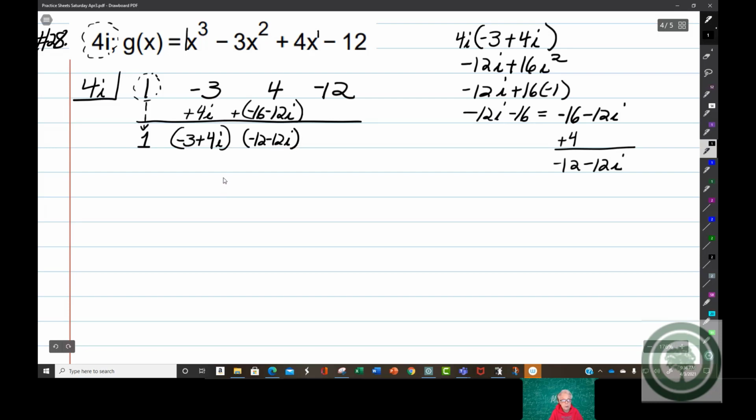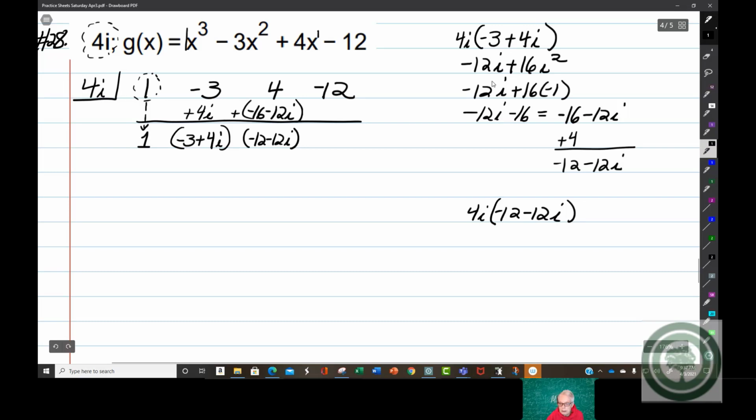Now, I don't see any way, quite honestly, that we can get a zero remainder, but let us continue on. All right, I'm going to take negative 12 minus 12i and multiply it by 4i. So I'll have 4i times negative 12 minus 12i.